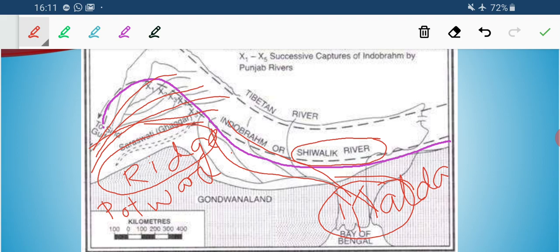Now, how did Brahmaputra get its existence? Another river, you can see it's a Tibetan part, was there just above the Shivalik.